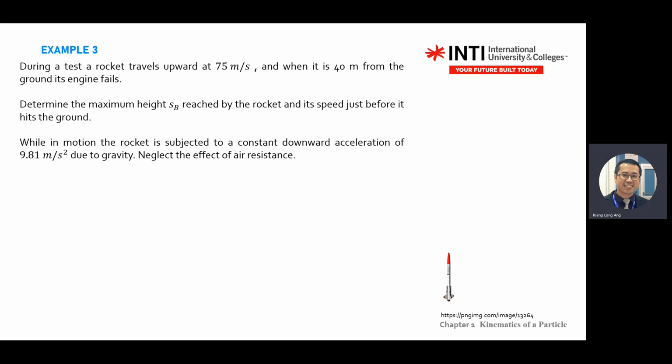Normally, I'll just give you one statement like this, and then one diagram like this. You need to draw the whole process. So a rocket travels upwards 75 meters per second, and at 40 meters from the ground, the engine failed. Does the rocket continue to move?